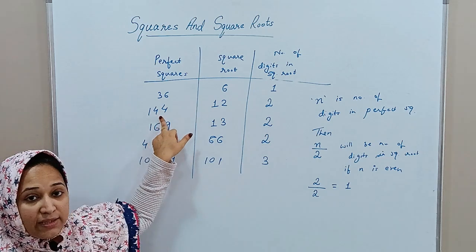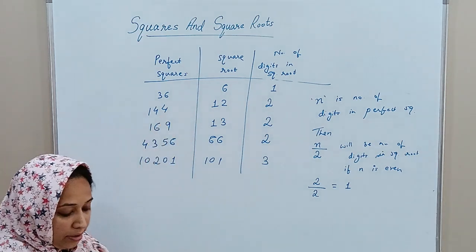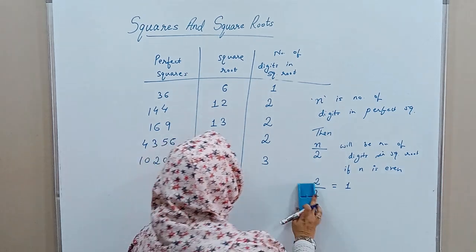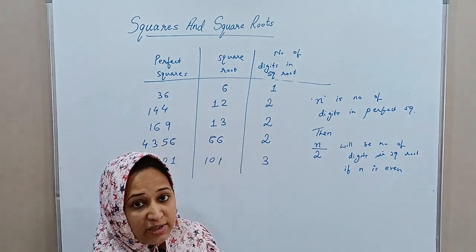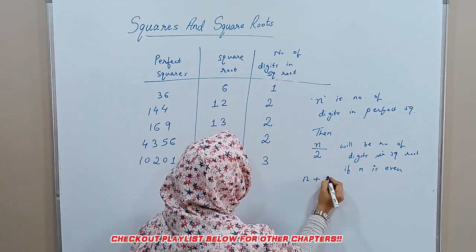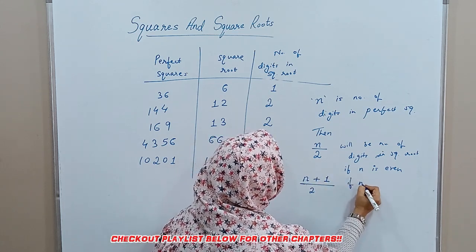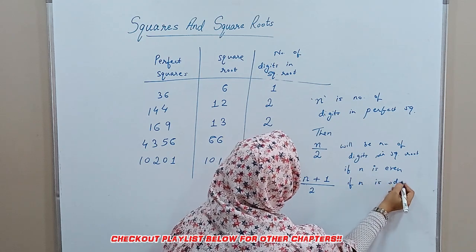In the second case, 144, here we have 3 digits, which is odd. So now if we have odd number of digits in a perfect square, then the formula says that it will be n plus 1 by 2 if n is odd.